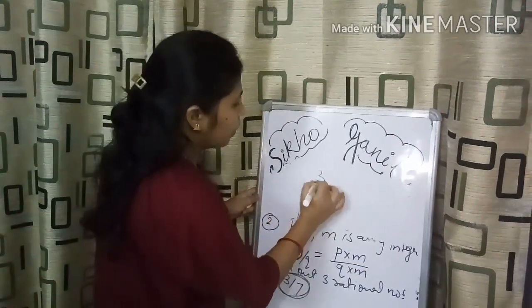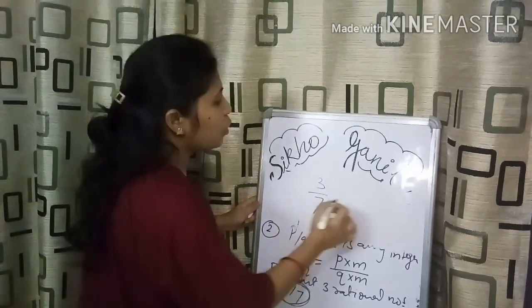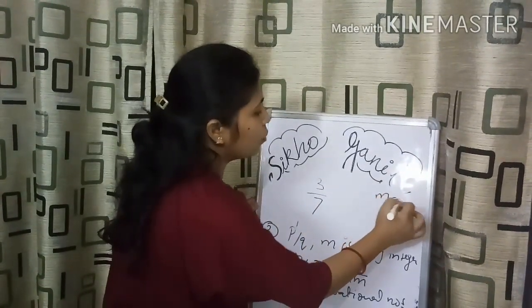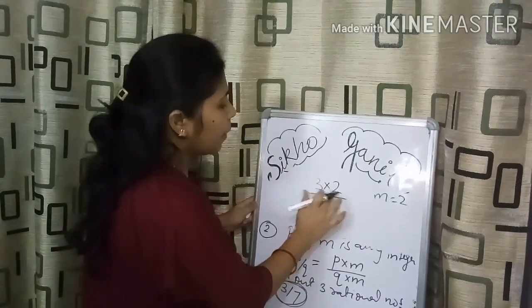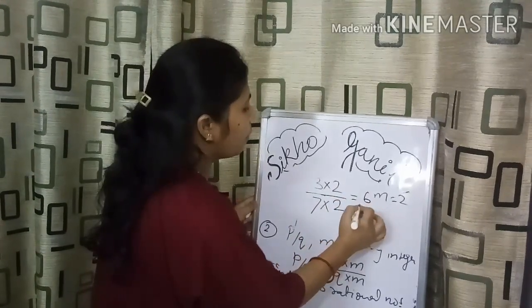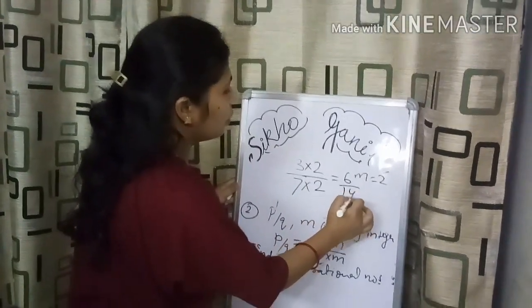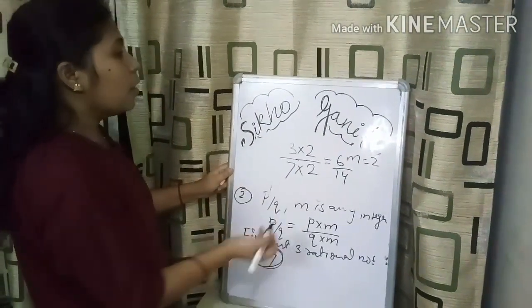What we'll do is take 3 upon 7, and we'll take any integer. Suppose we have taken the integer m is equal to 2. So we'll multiply 3 by 2 and 7 by 2. So the new rational number is 6 upon 14. This is also a rational number equivalent to 3 upon 7.